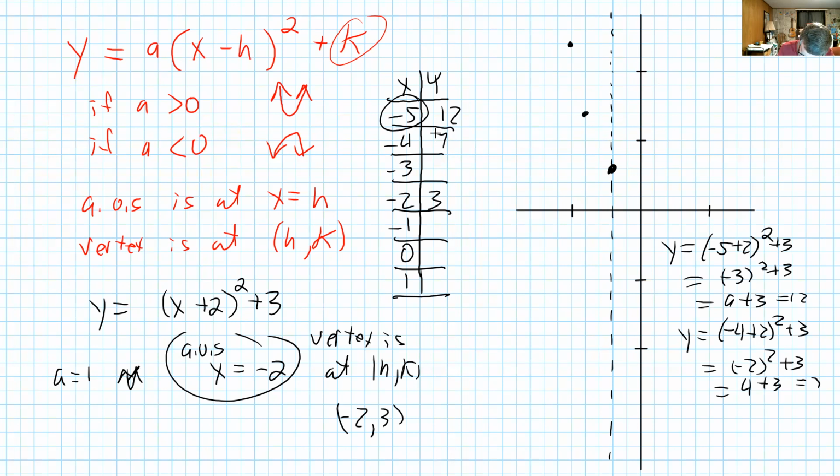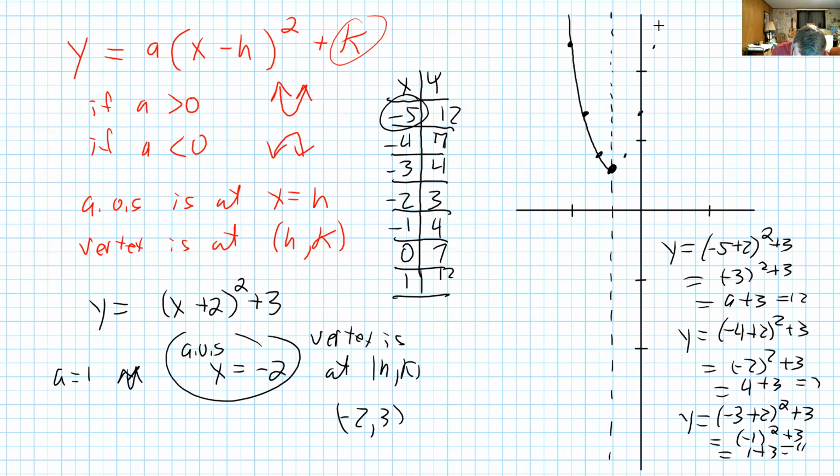For -3, y equals (-3 plus 2) squared plus 3, which is (-1) squared plus 3, which is 1 plus 3, which is 4. So -3, 4. And I'm also going to get these same values on the other side. I'm not going to take the time to calculate it right now.